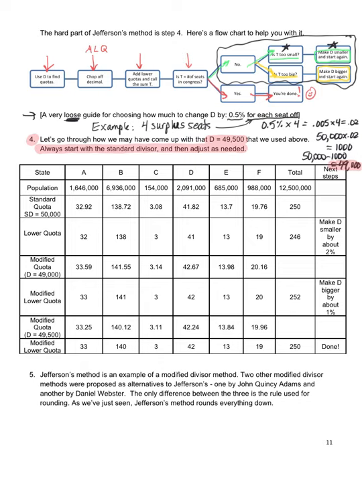All right, so we've got our first row with the populations, nothing has changed. We've got our next one with the standard quotas using our standard divisor, copied right from the previous page. Lower quotas, again copied from the previous page. Here was where we found that we were off by 4 seats.